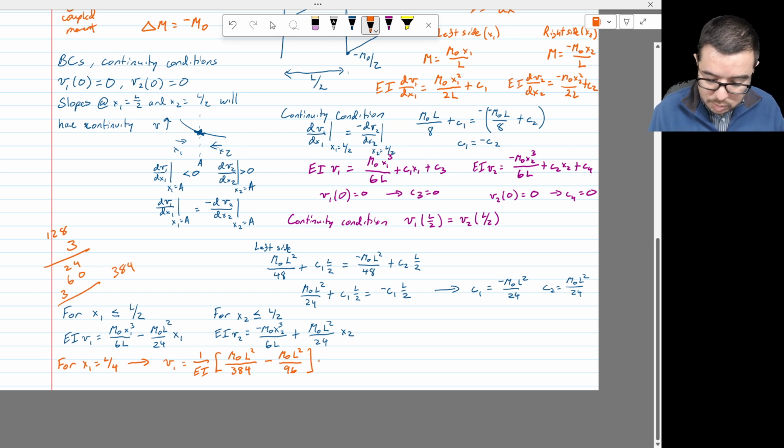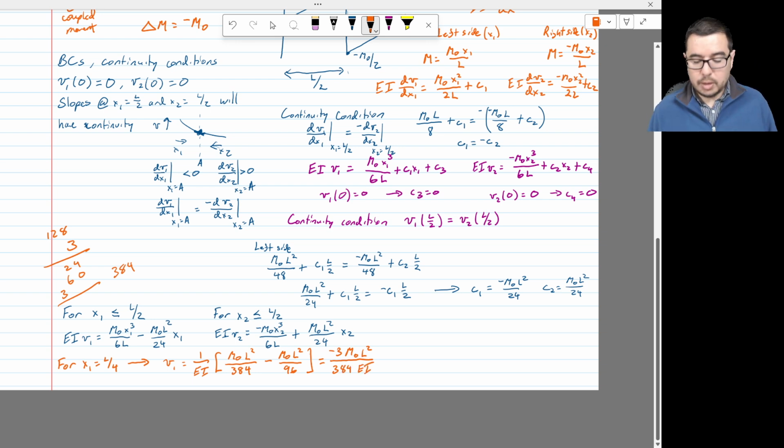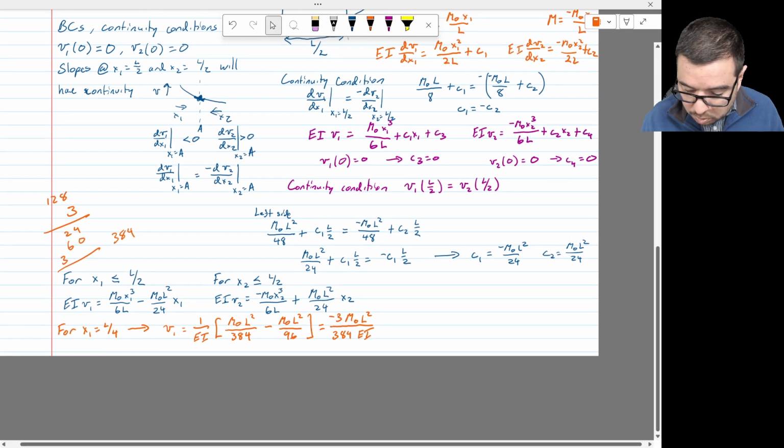So this is going to be equal to minus 3 m naught L squared over 384 EI, just like that. And so that should be the result we're looking for.